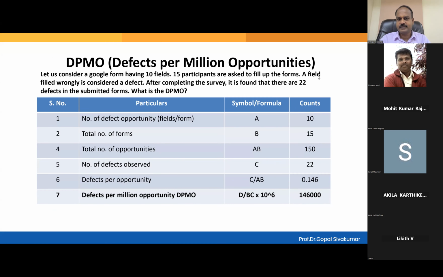Okay. I think your question is correct. Yeah, in the simple formula, the last line, the D by BC. So A is understood, B is understood, AB is understood. C by AB is understood, right? Yes. What is D?